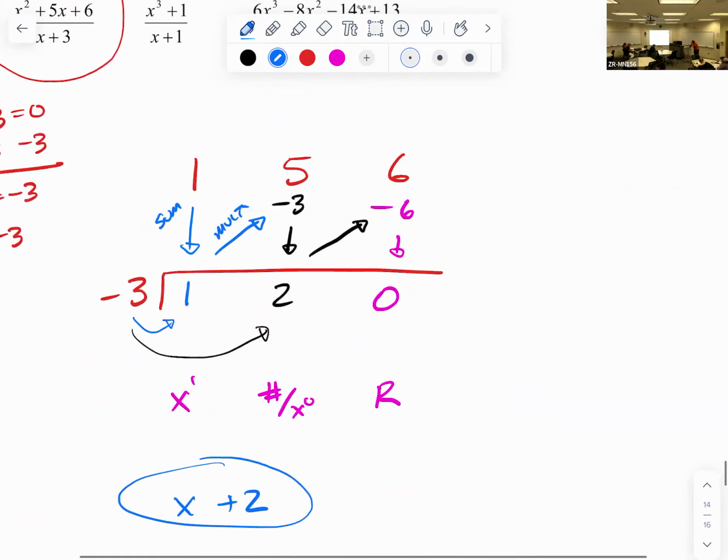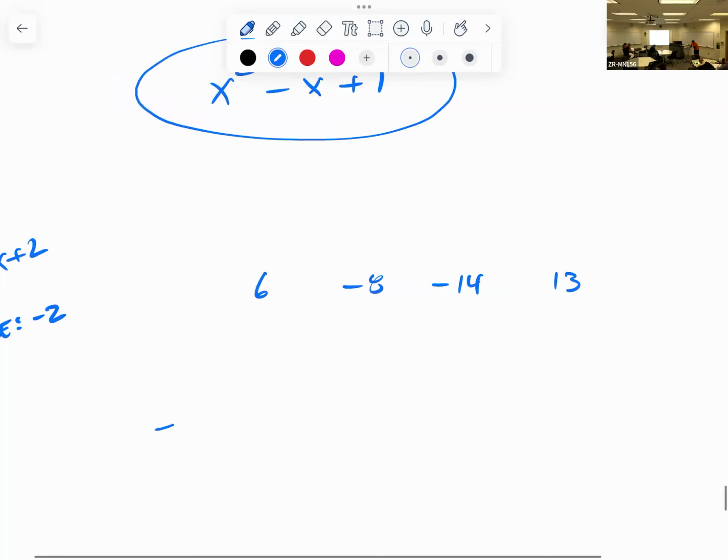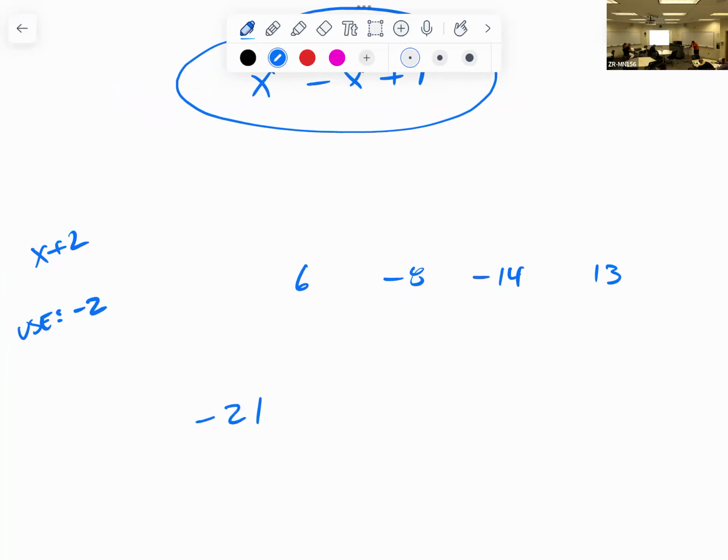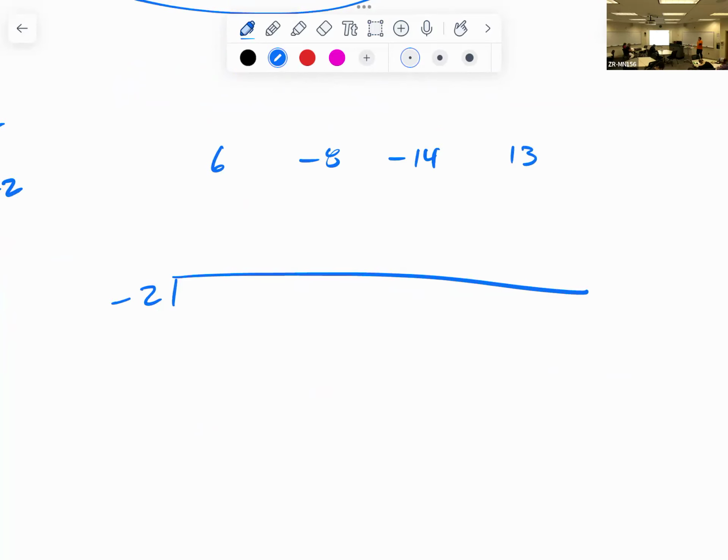Plus 13. Okay, so first step, bring down 6. Just that first step is always the same too. It drops down. And then you just start multiplying.